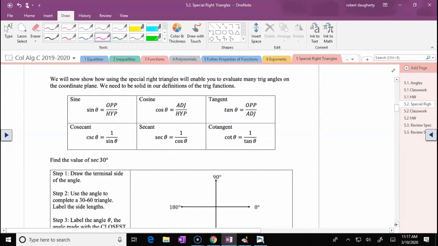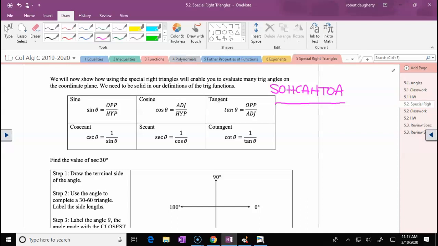The other thing we need to make sure we know is all of the definitions of our sine, cosine, tangent, and the reciprocal functions. So remember, what was the acronym we had for this? Yeah, SOH CAH TOA, or whatever else you use to remember that. So the sine is opposite over hypotenuse, cosine is adjacent over hypotenuse, tangent is opposite over adjacent. The cosecant is the reciprocal of the sine.